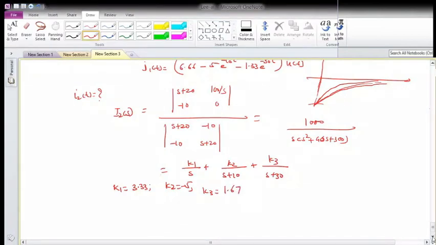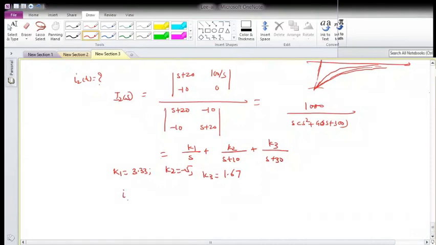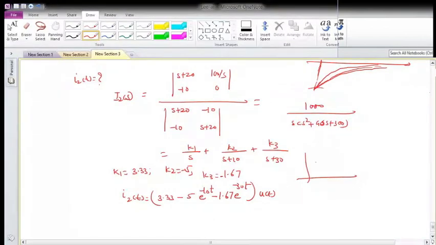So that you can put, and you can write I2(t) will be [3.33 - 5 e^(-10t) - 1.67 e^(-30t)], multiplied with u(t). Again the same: 3.33 is your constant.